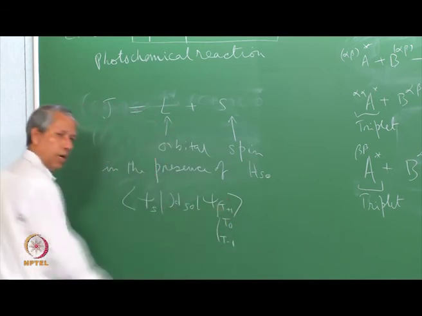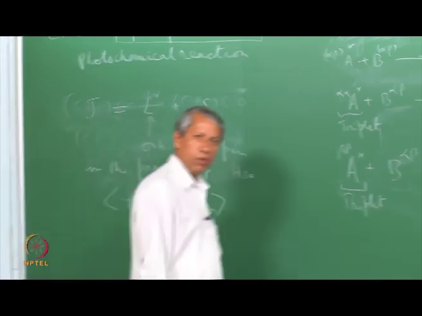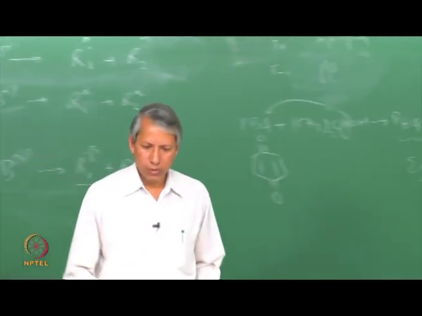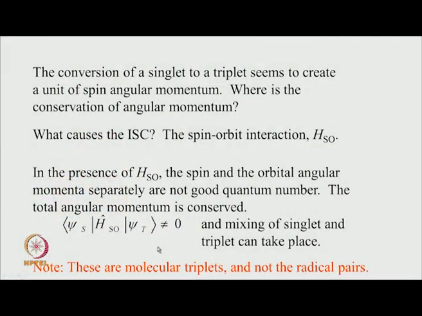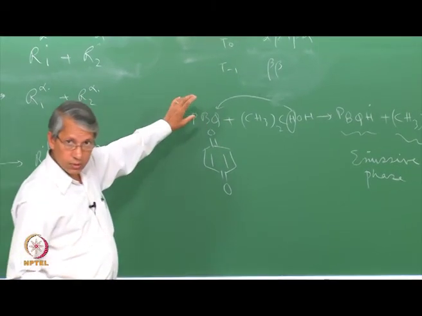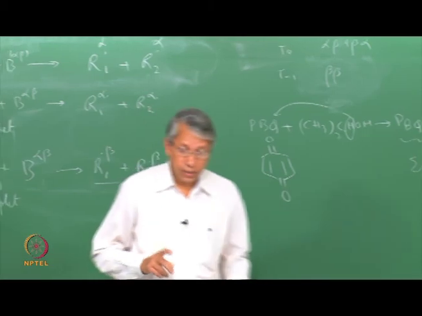This might be dependent on that, and that might explain why we get this selective population among the three triplet levels. Well, just keep in mind that these triplets are the triplets of the first molecule which gets excited, not the radical pair.